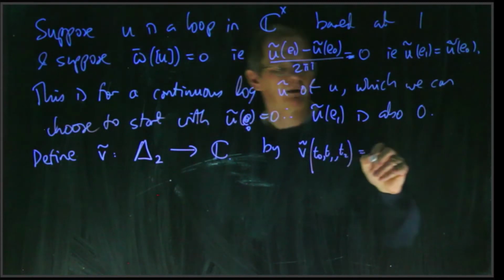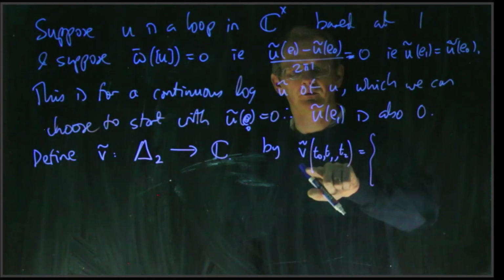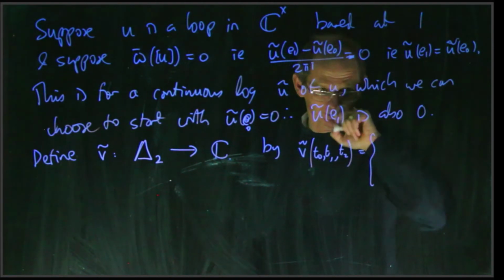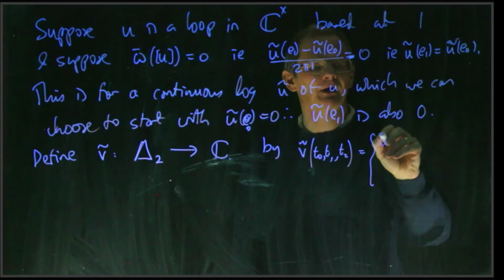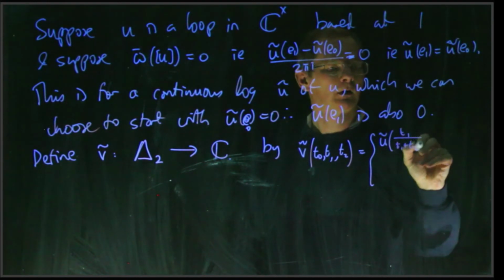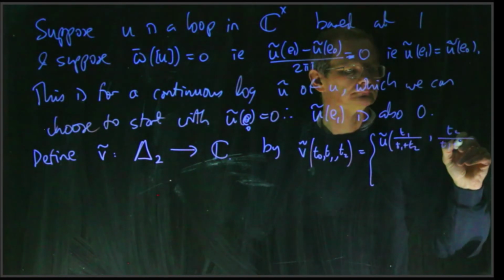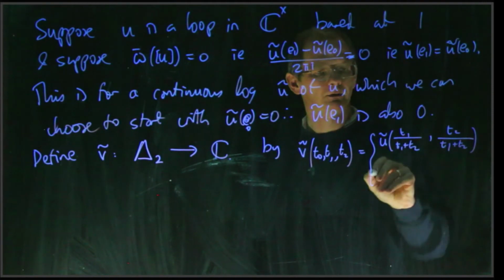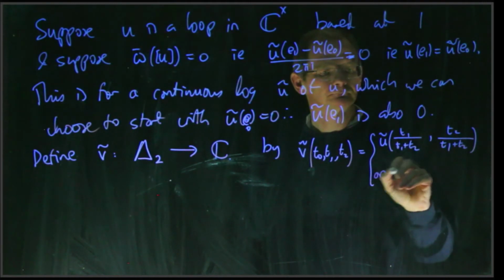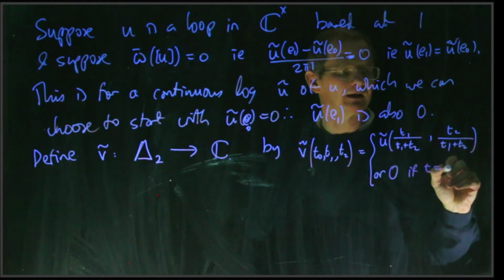We have to distinguish whether we're at the base point or not. The normal case is going to be u tilde of (t1 over t1 plus t2, t2 over t1 plus t2), or just 0 if t is e0.